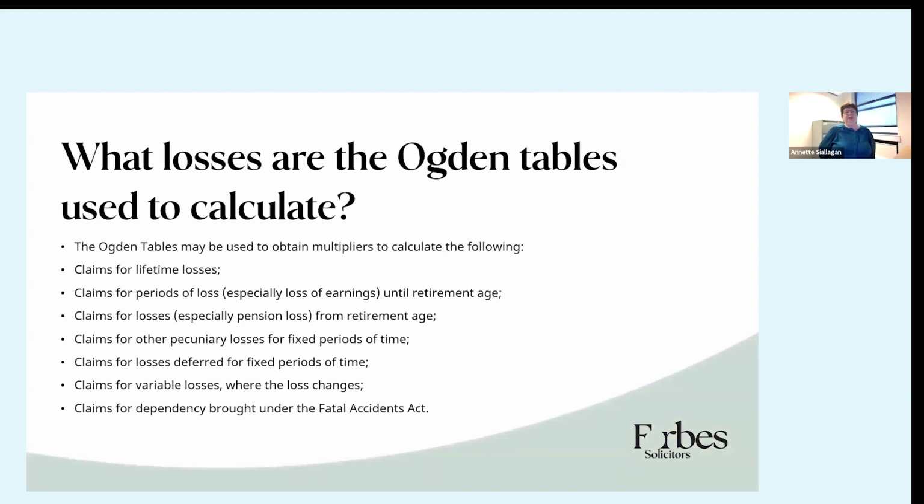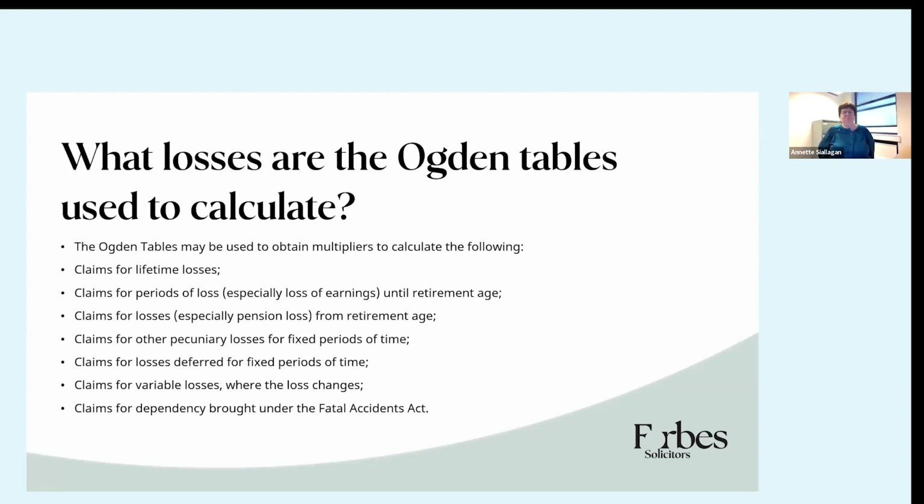So the next question is, what losses are the Ogden tables used to calculate? So basically, it's for lifetime losses. So, for example, you've got someone at age 50, they suffer a serious accident, which requires them to have care for the rest of their life.